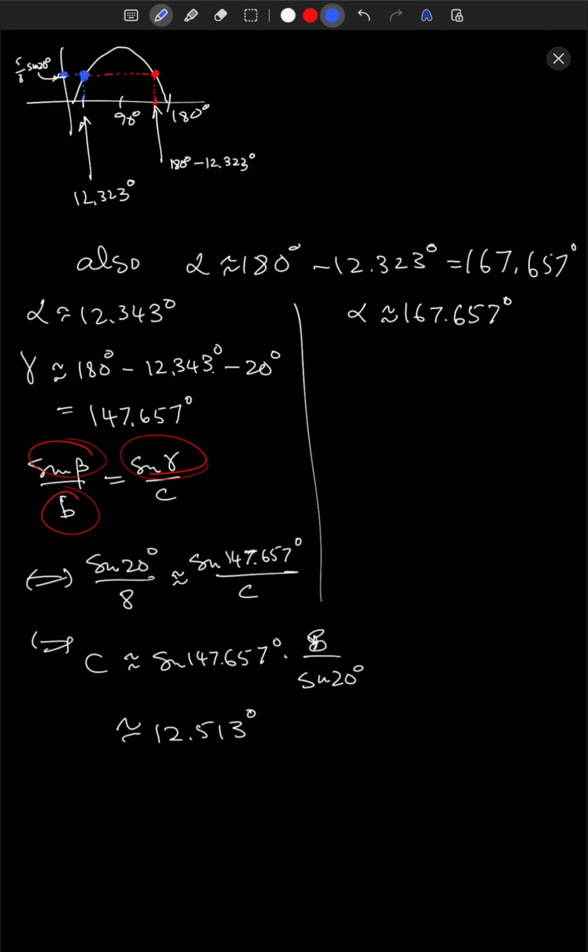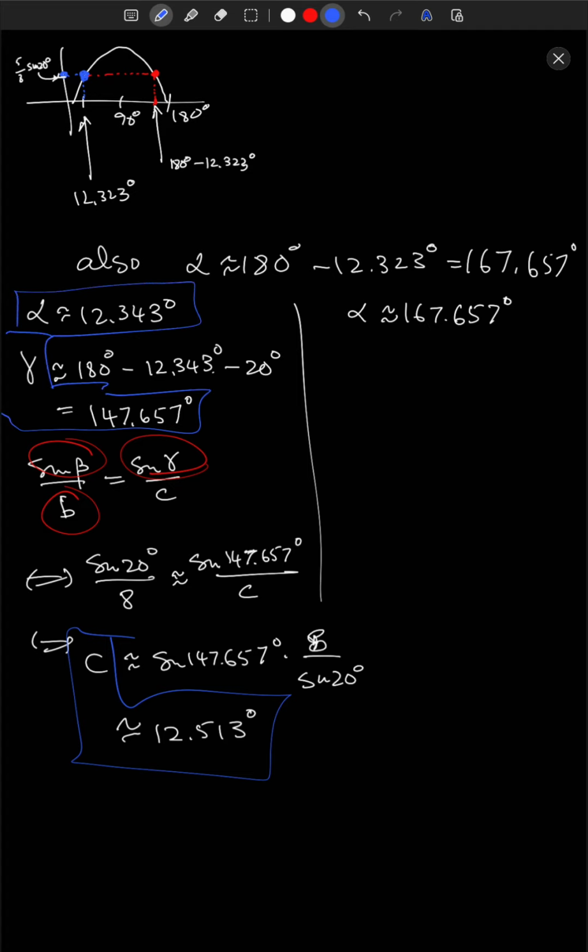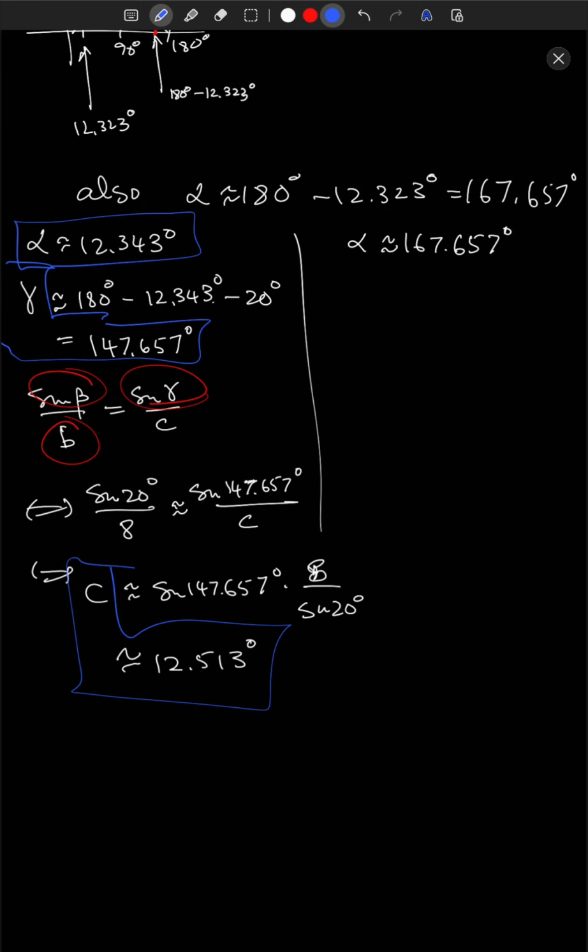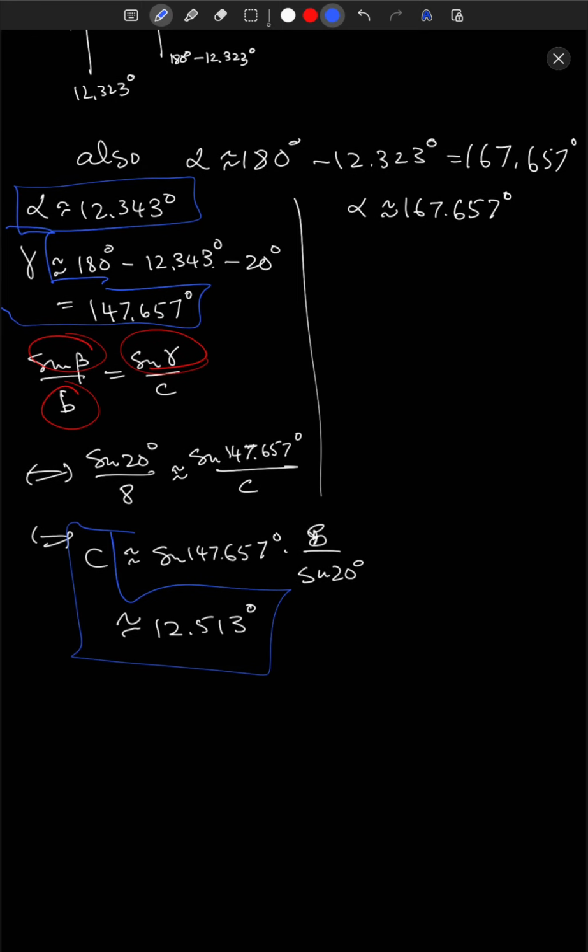And that's it, right? That's it for this side of the board. We have C, we have gamma, we have alpha, right? Those three go with the other three, B, beta, and alpha that were given. All right. So I have one triangle right there.